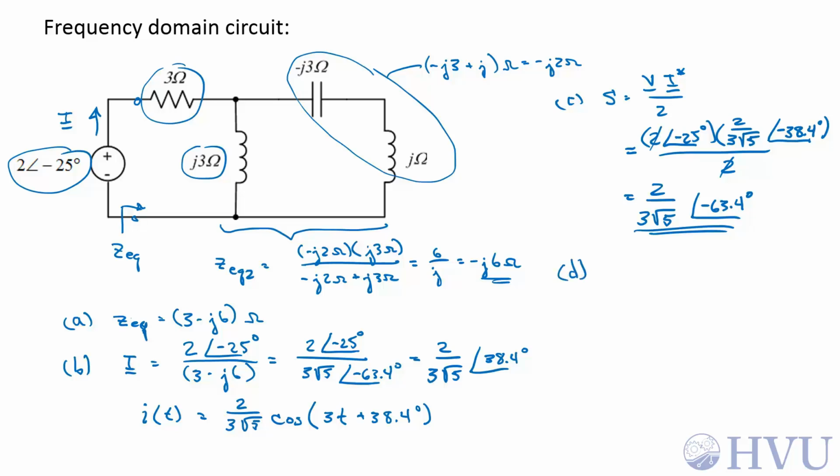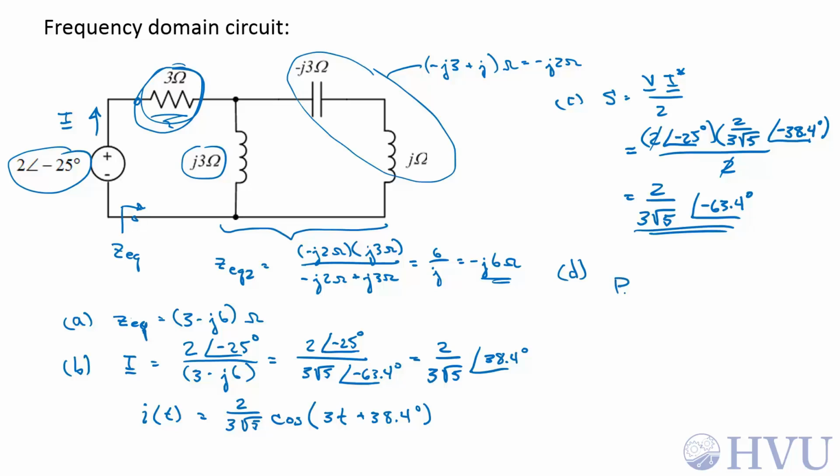In part D, I want the power dissipated by this 3 ohm resistor. And I have a trick I can pull here. The only resistor in this circuit is this 3 ohm resistor. So any average or real power in the circuit will be dissipated by that 3 ohm resistor.